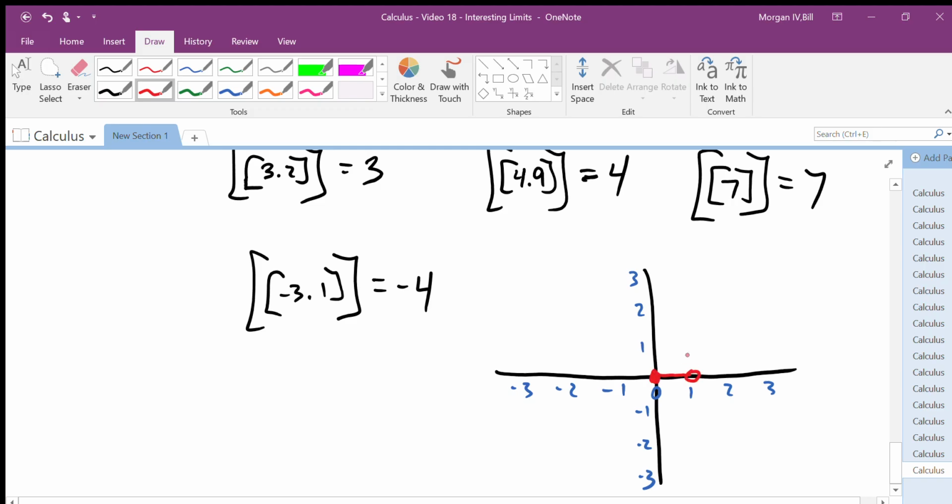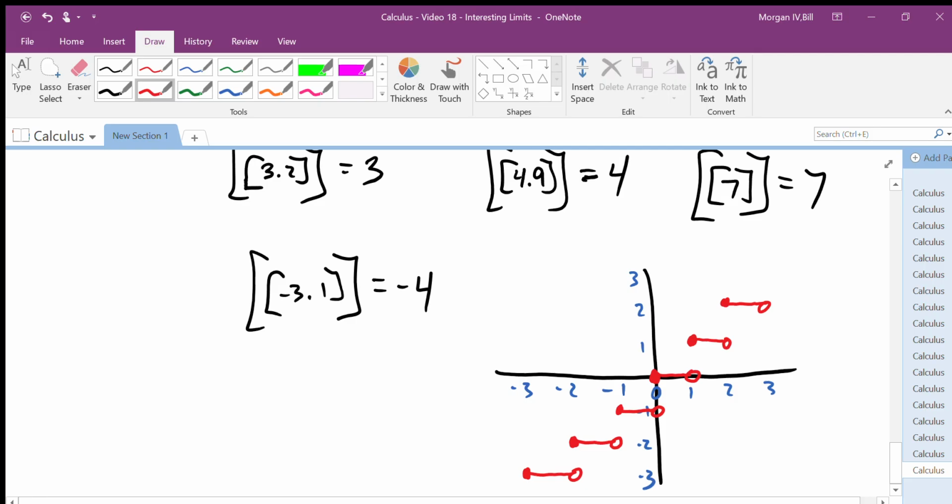But not 1, because the greatest integer less than or equal to 1 is itself, 1, and so is everything until you get to 2. The greatest integer less than or equal to 1.5 is 1. Less than or equal to 1.7 is 1. It all backs off to a y value of 1 until you get to 2, and then at 2 it jumps up to 2, and then you have these stair-looking things as the graph of the greatest integer function.